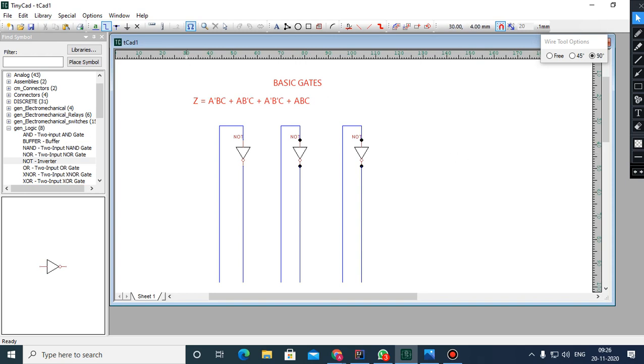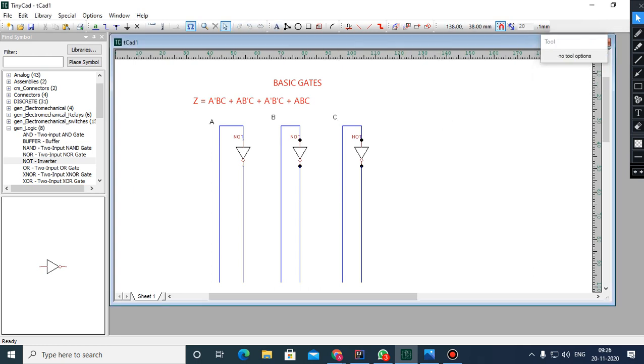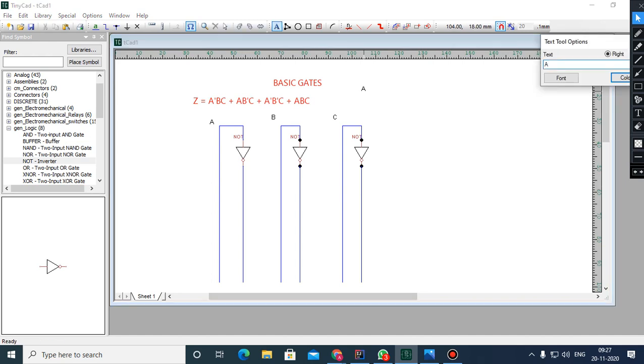Now children, one important thing is that this is representing A, this is representing B, and this is representing C. Please concentrate. If this is A, then it simply means that with this NOT it is A complement, right? If any confusion, then please tell.